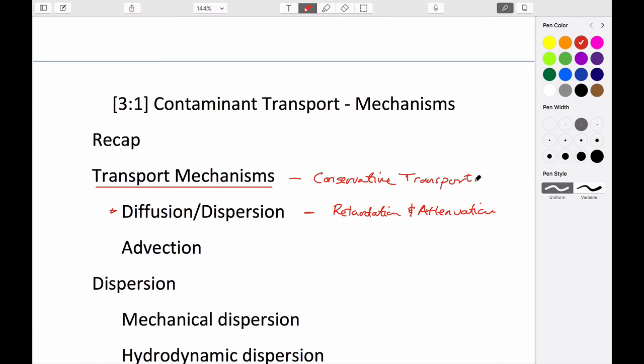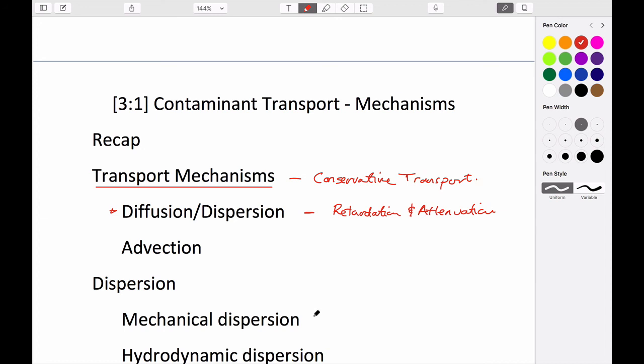So, conservative means that mass is conserved. Mass goes into the flow field, it's dissolved in water. As it travels downstream, it's always present within the fluid, the liquid in this case. It doesn't come out onto the solids as a solid state, and therefore its mass is conserved.